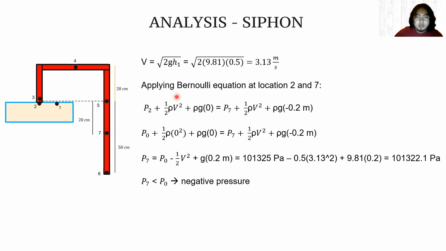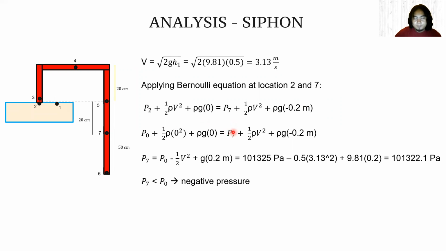By applying the Bernoulli equation at location 2 and location 7, we have this expression. Here P2 is equal to P naught, because it is exposed to the surroundings, and V2 is 0. H2 is also 0 because it is located near the reference line, so we can assume it to be 0.